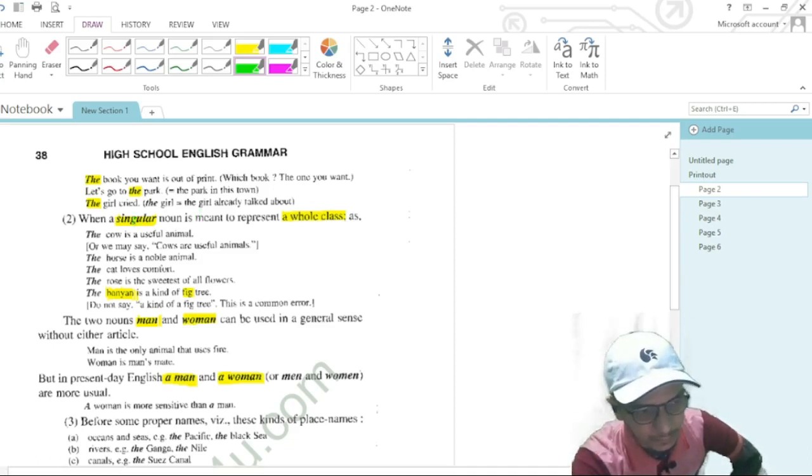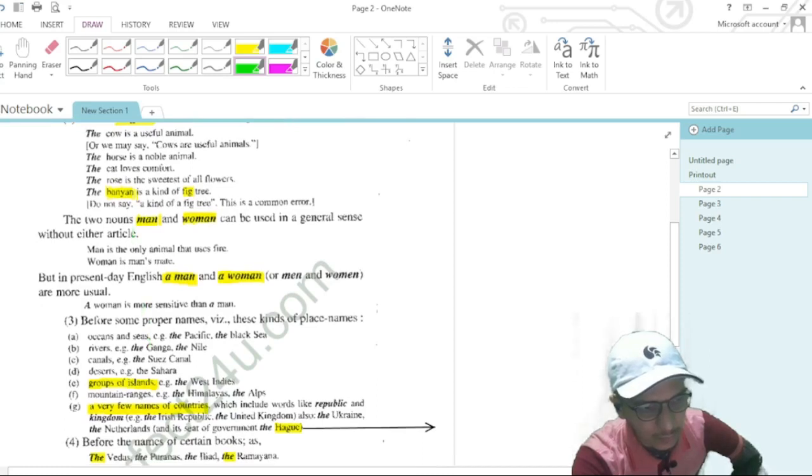Now, when a singular noun is meant to represent a whole class, at that time also we use the: the cow is a useful animal, the cat loves comfort. The next rule: the two nouns man and woman can be used in a general sense without either article.